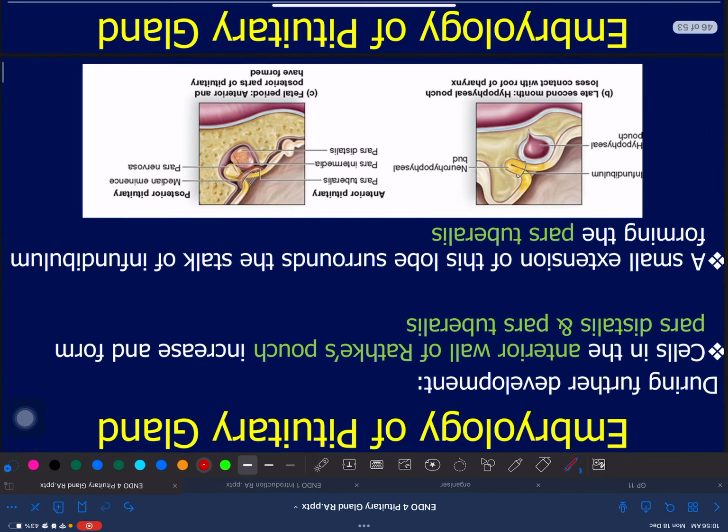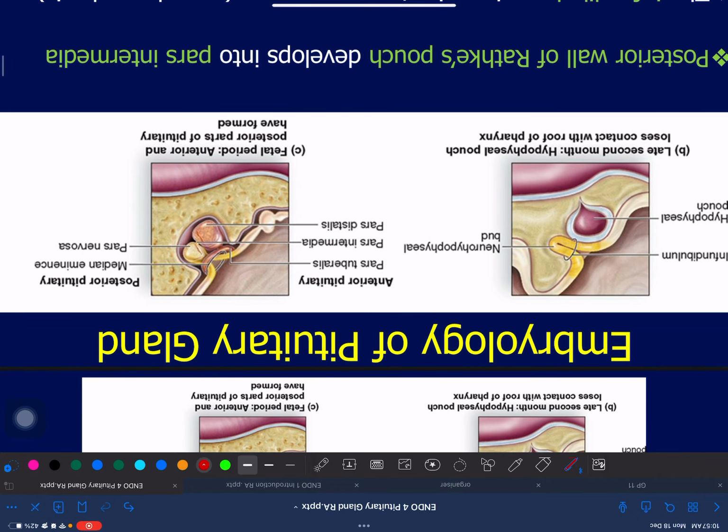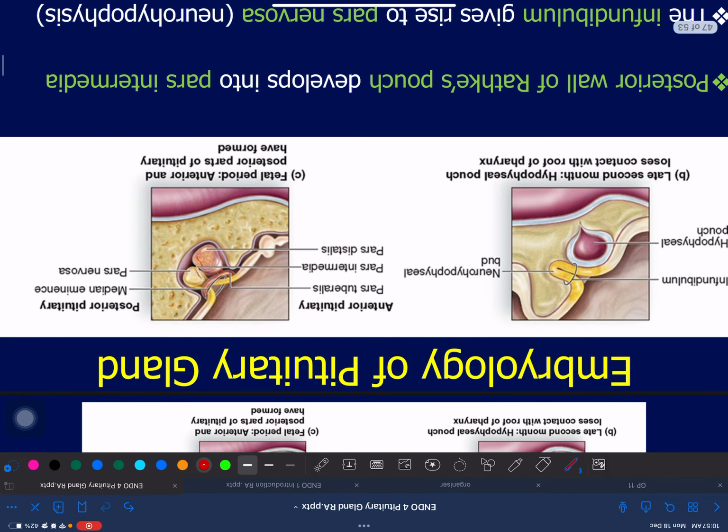During further development, cells in the anterior wall of Rathke's pouch increase and form the pars distalis and pars tuberalis. A small extension of the cells surrounds the stalk of the infundibulum, forming the pars tuberalis.